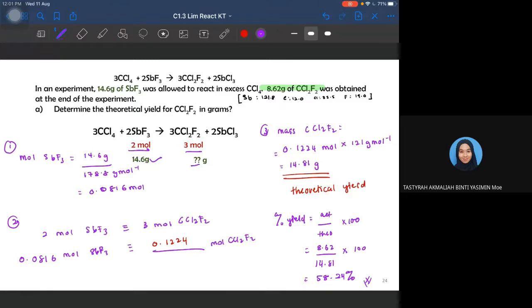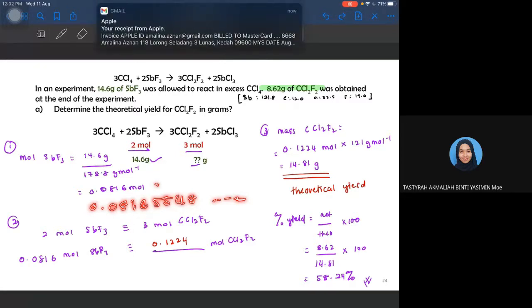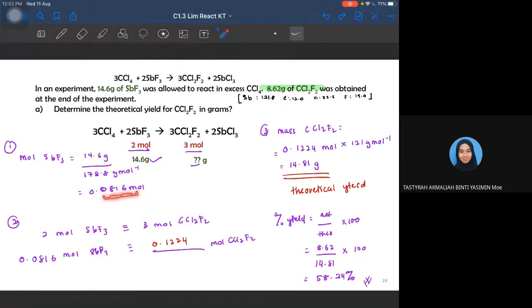Alright, so kalau kamu tekan kalkulator dekat sini, kamu akan dapat exactly 0.08165548 bla bla bla bla kan. Right, so ini belum lagi final answer, sebab ni baru step 1. So mungkin kamu boleh ambil 3 ataupun 4 titik perpuluhan lah. Okay, jangan bundarkan lagi jadi 0.08 mol.